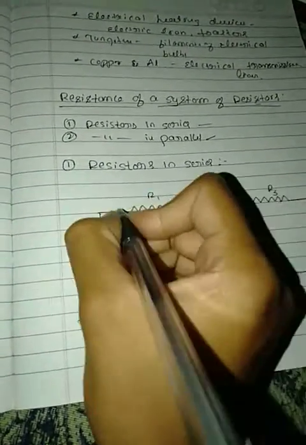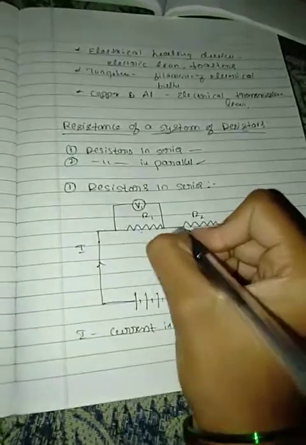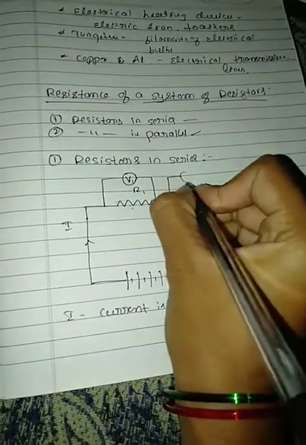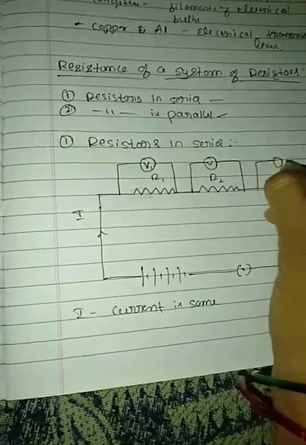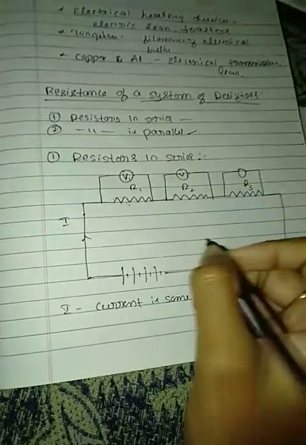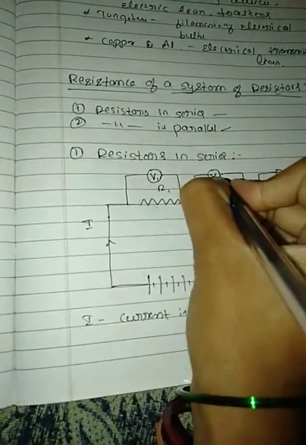Remember that here the potential difference, this is V1. This is the voltmeter. It is an instrument used to measure the potential difference. But in the series combination of resistors, current is the same, but the potential difference V is different across individual resistors. This is V1, this is V2, this is V3.